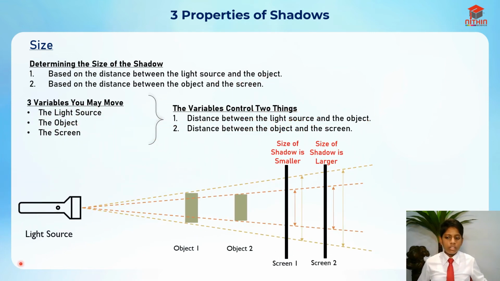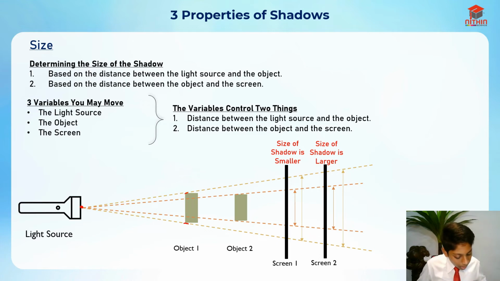Okay, let me teach you a small trick to finding the size of the shadow. Basically, the light comes out from the middle, so just put a dot in the middle over here. For the size of this object, you just need to draw two straight lines which slightly touch the object at this point, and drag the line until it reaches the screen.